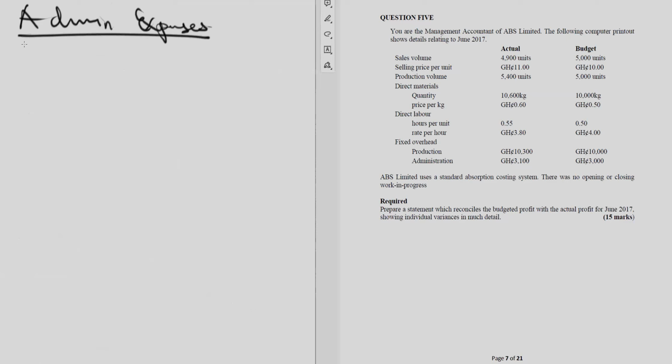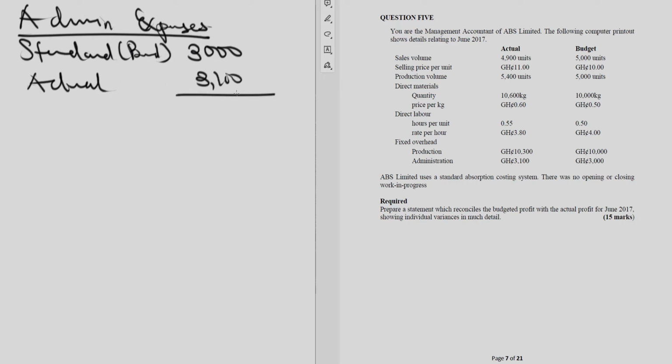So we have the standard or the budgeted admin expenses was 3,000, and then the actual that we spent was 3,100. So we actually spent 100 extra. So this is a 100 adverse variance.